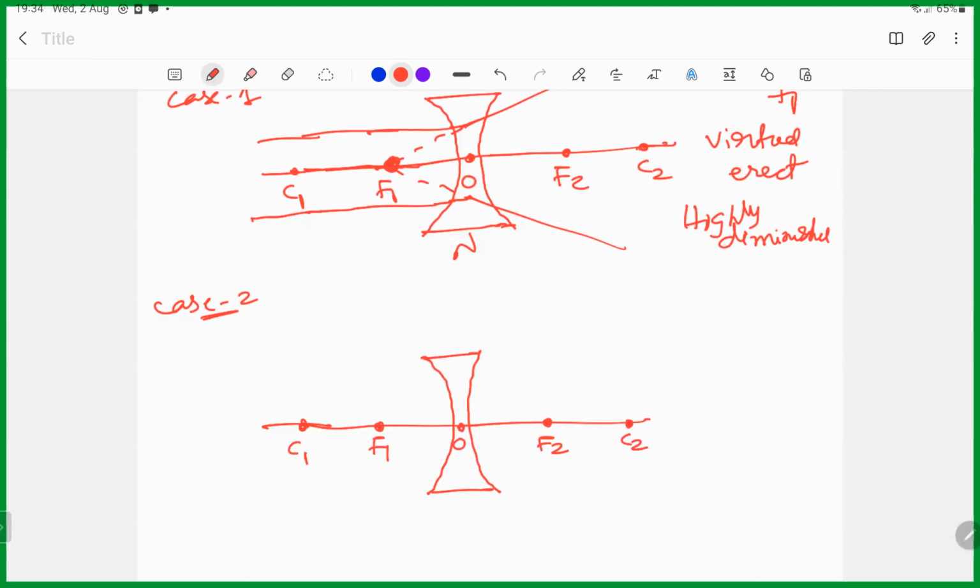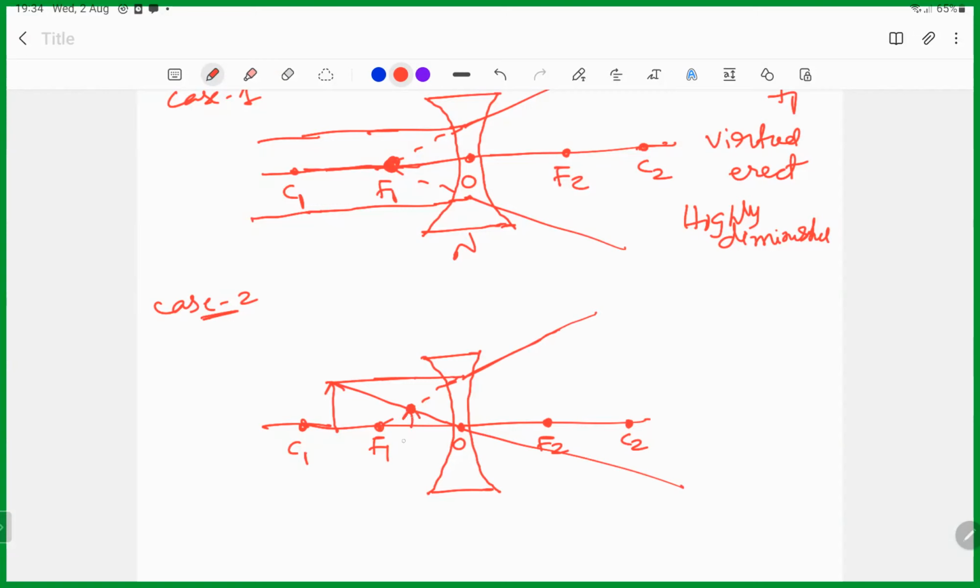So now let's consider between, we can consider anywhere, but I'm considering between C1 and F1. Then one ray must pass through the optical center, the other parallel, and it diverges, right? And they appear to meet here.